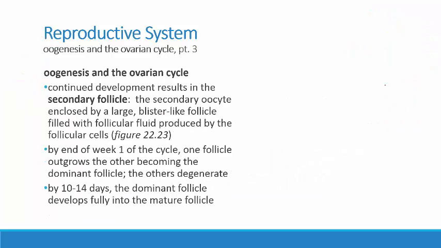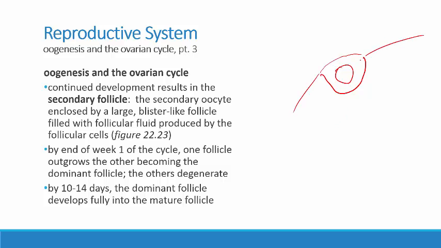So that secondary follicle then has the secondary oocyte inside. Now I'm going to just draw the follicular cells as a line. Here's the secondary oocyte hanging out, and it's got a covering. Here's the rest of the ovary.